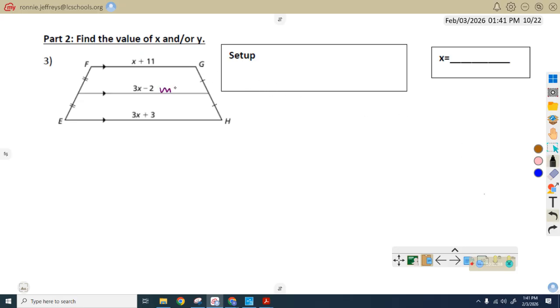So this is our mid segment, which is 3x minus 2 equals all this over 2.